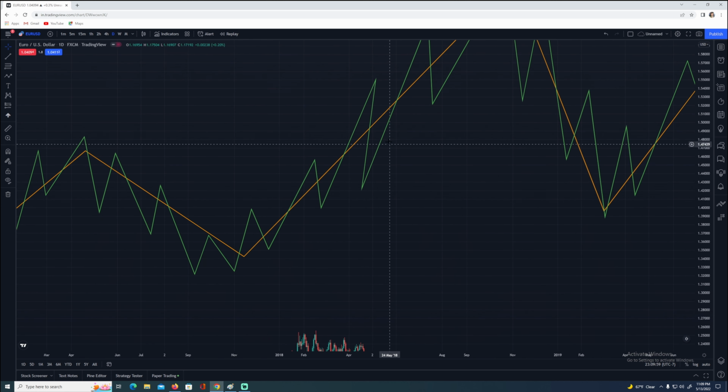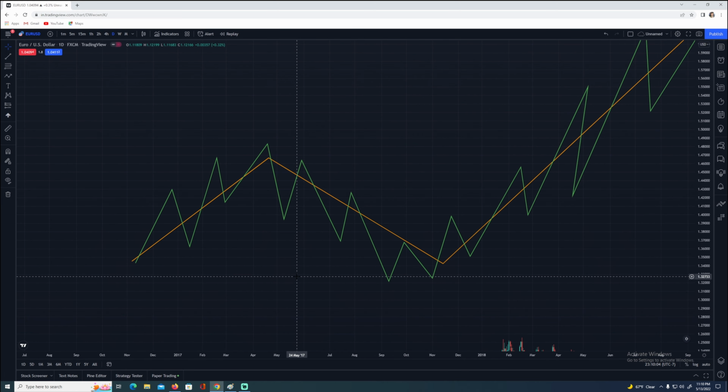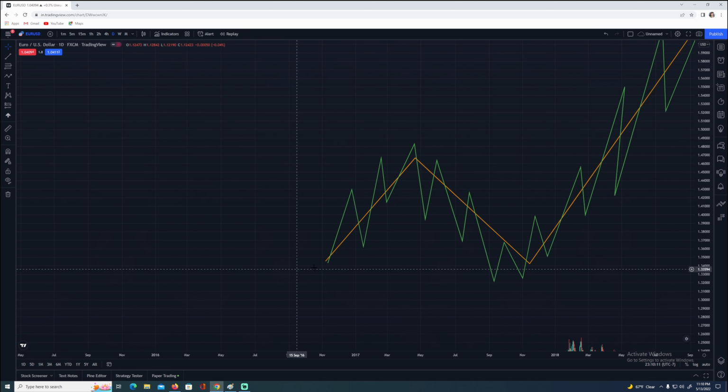And here is what's going to happen. The idea of institutional order flow is that when institutions get involved here, they have to create liquidity below every swing high or swing low. There are going to be buy stops or sell stops, and those are orders that institutions want to get to, in order to create that other side.